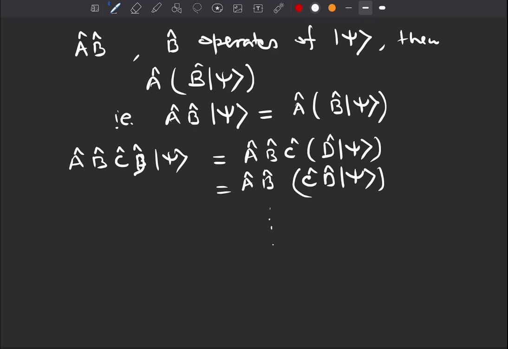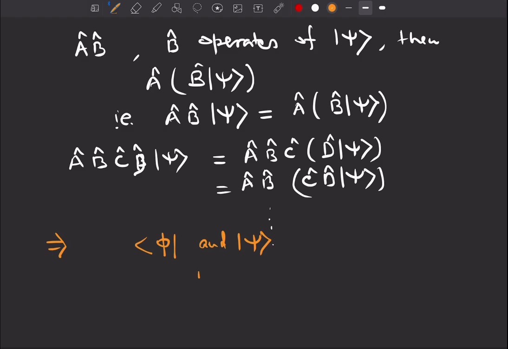When an operator A is sandwiched between a bra and a ket psi, it yields a complex number.